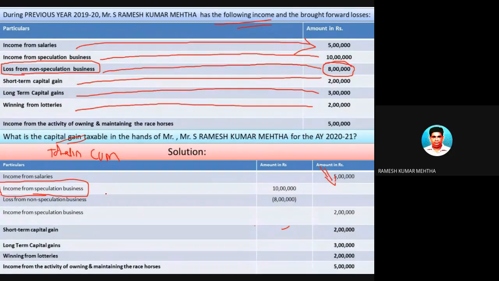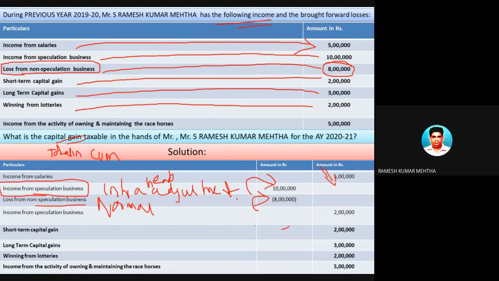Income from speculative business. First we go for intra head adjustment, or within the same source adjustment. In this case, there is a business income speculative in nature, and the total income was 10 lakh rupees. However, during the year, the assessee also carried out a non-speculative business, like an ordinary or normal business, and sustained a loss of 8 lakh rupees.